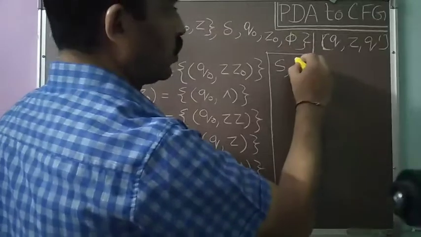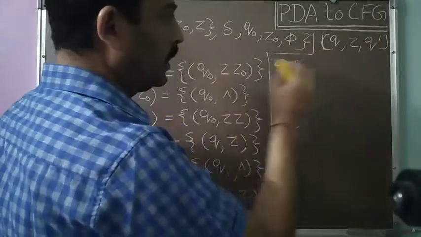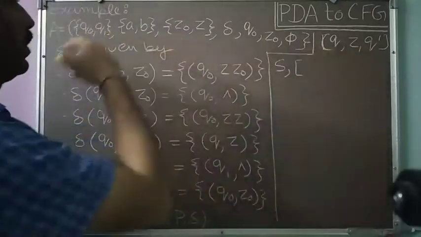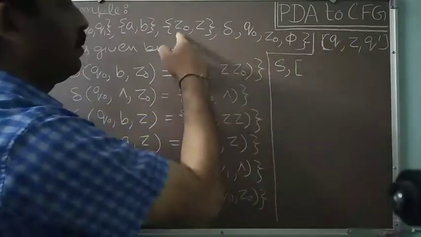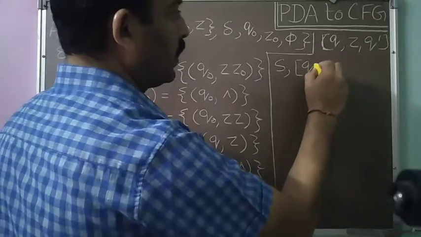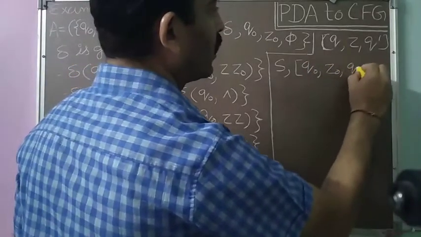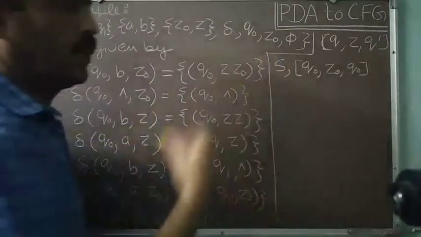Let us write those possibilities. For Q I am taking Q0, for Q dash also Q0, and for Z, suppose Z0. So I will have Q0, Z0, Q0. This will be the first triple.